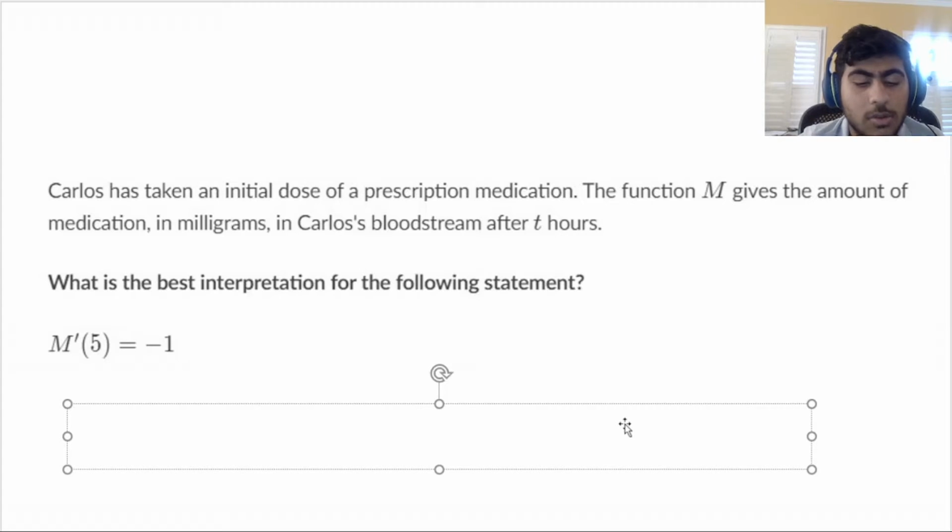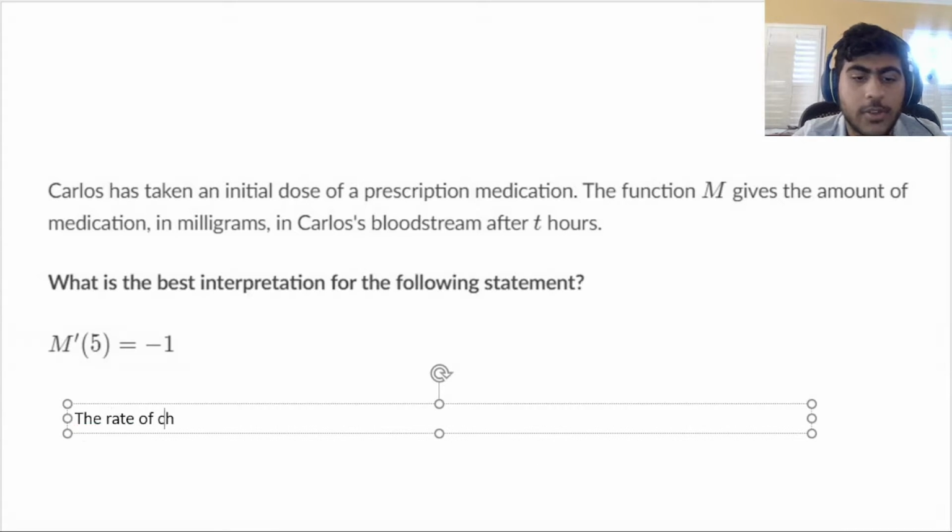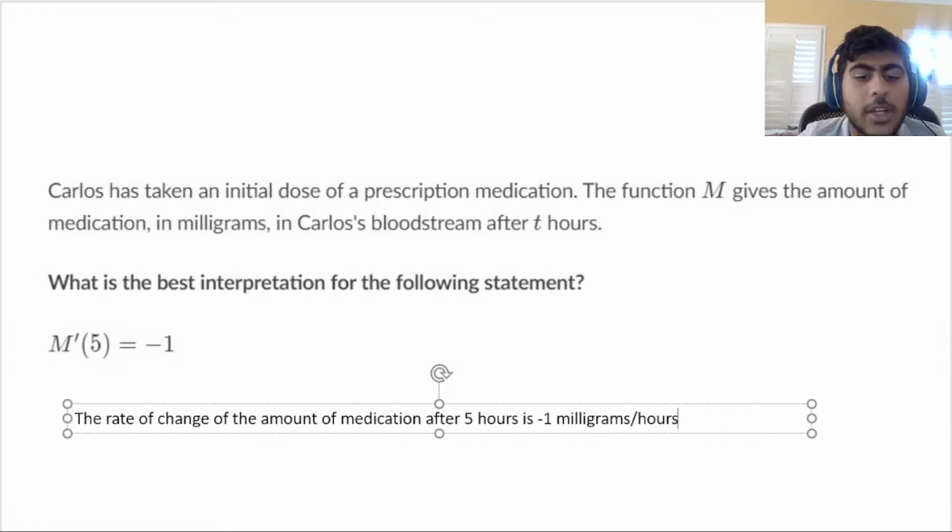Well, we can say the rate of change of the amount of medication, because that is what the function m is, the derivative of that, the instantaneous rate of change at t equals 5, so after 5 hours, is -1. -1 what? Since m is in milligrams and the unit of time is hours, the rate of change of the amount of medication after 5 hours is -1 milligrams per hour.